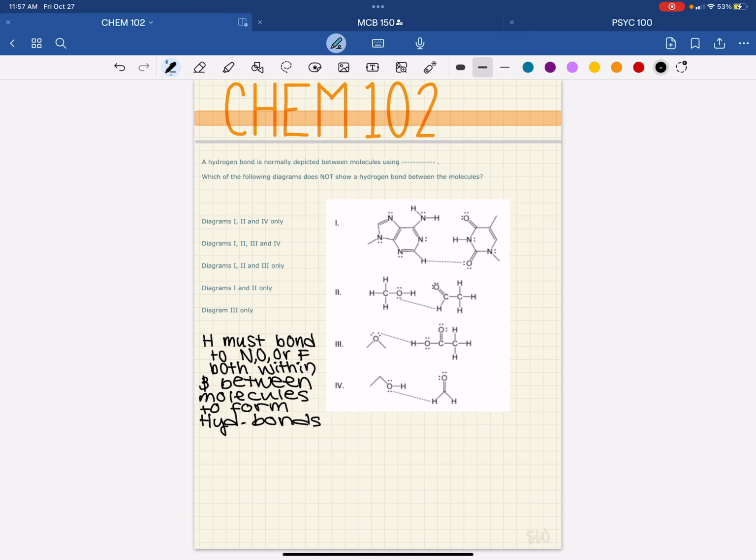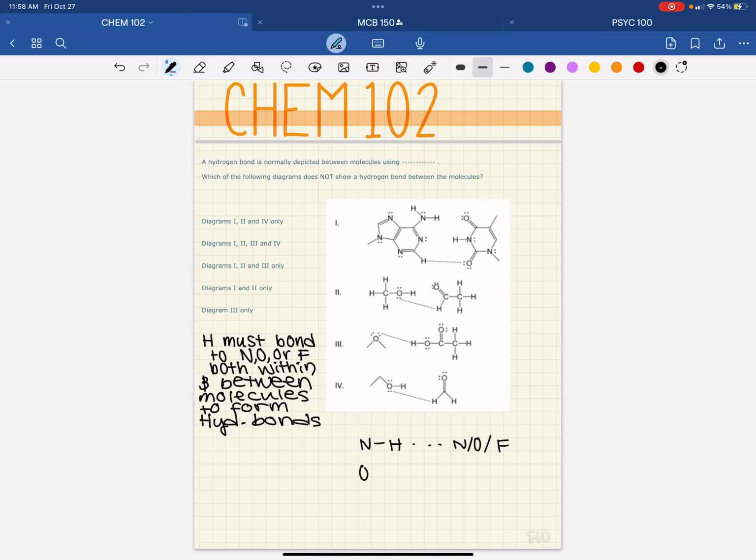All right, a hydrogen bond is normally depicted between molecules using dashed lines. Which of the following diagrams does not show hydrogen bond between molecules? Now, before we even start this question, I'm going to remind you, a hydrogen must be bonded, coming off of any molecule, a nitrogen, oxygen, or fluorine, connecting to a nitrogen, oxygen, or fluorine.